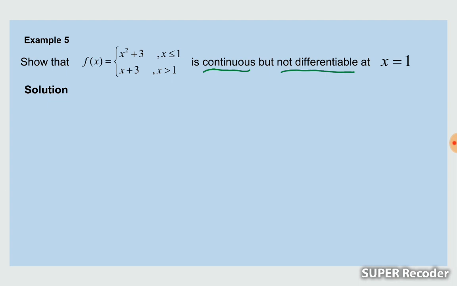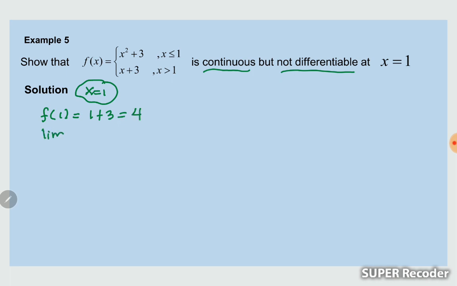So how are you going to show that f(x) is continuous? You have to consider the point x equals 1. So find out what is f(1). When x equals 1, f(x) equals 1 plus 3, that is 4.